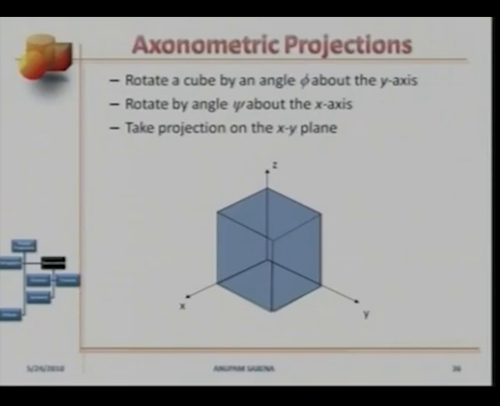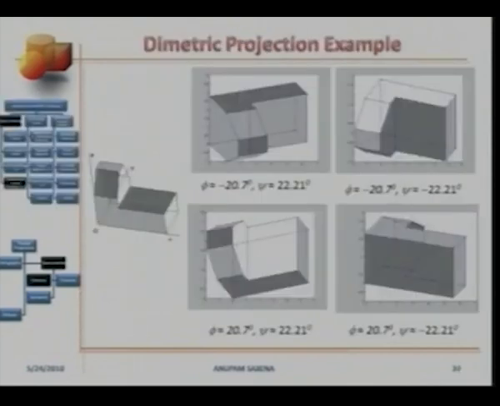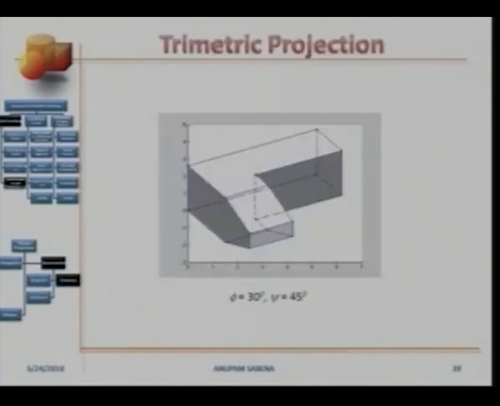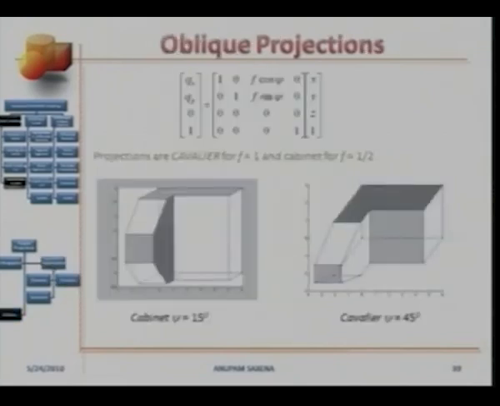Here we discussed 3 subparts: diametric projections, very popular isometric projections, and trimetric projections. We also talked about oblique projections, wherein we discussed cavalier and cabinet projections.